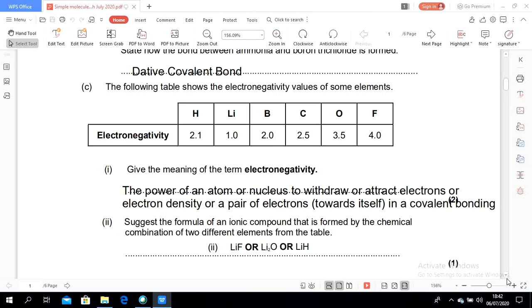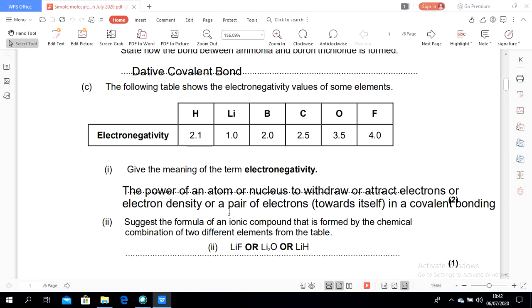So ionic bonding must form between a pure metal and a pure non-metal. The metals are from group 1 and group 2, while the non-metals are from group 6, group 7, and this one is special. This is specific. Why?